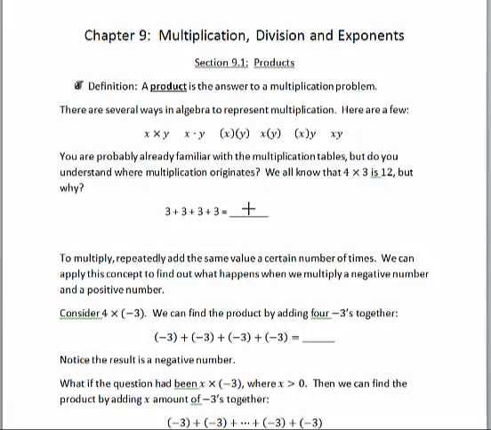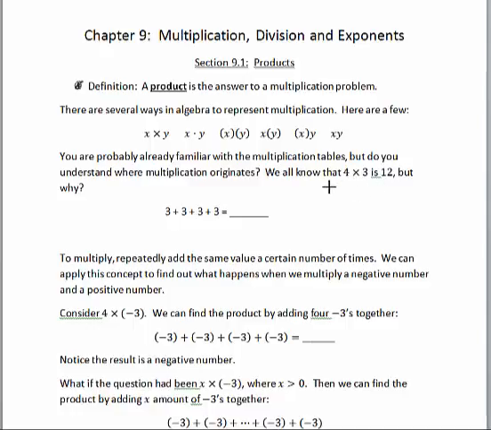As you may or may not know, one way we can express multiplication is simply repeated addition. So as most everybody knows, 4 times 3 is 12.